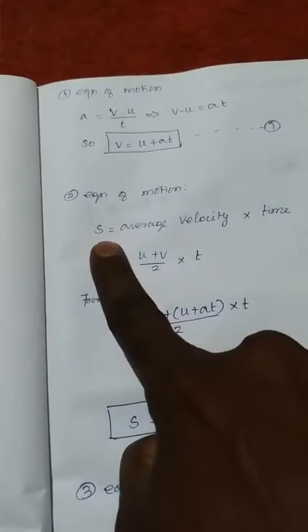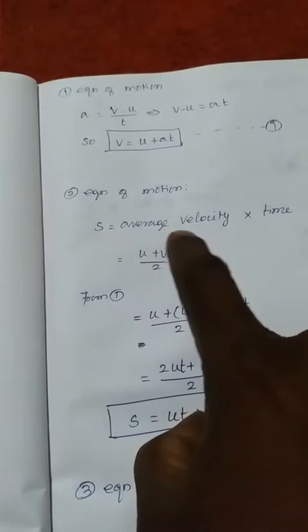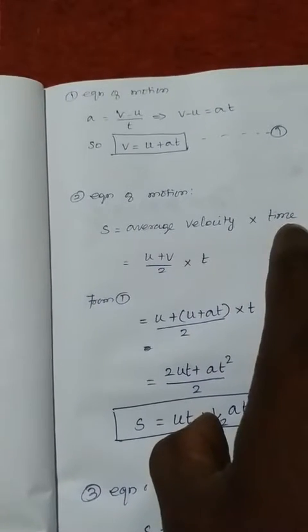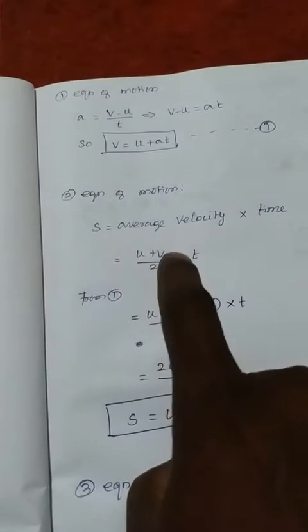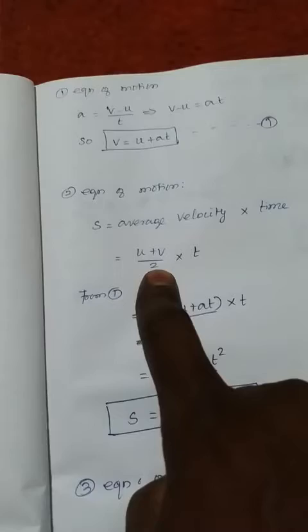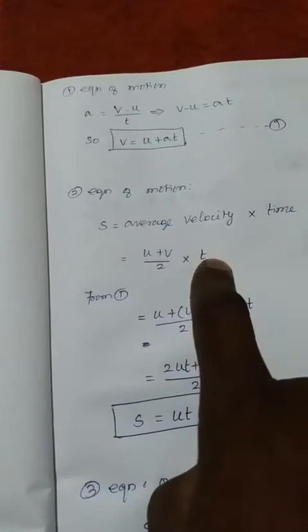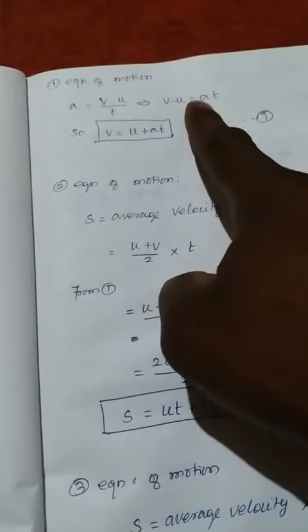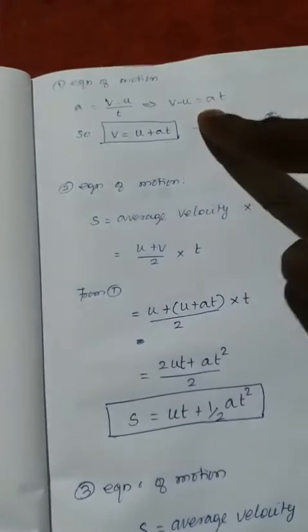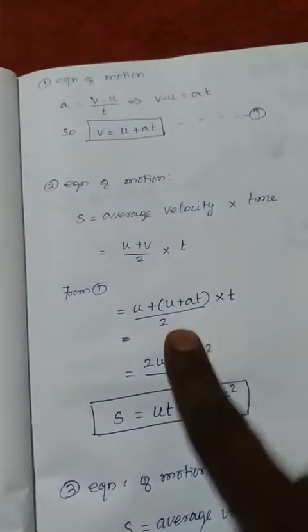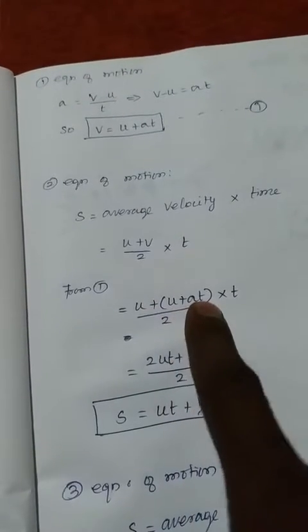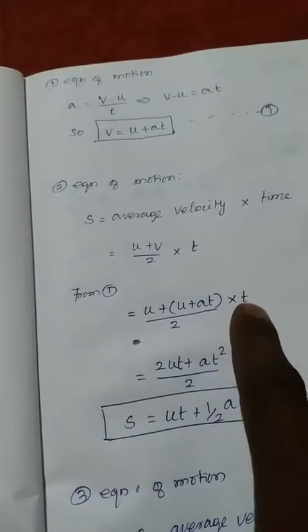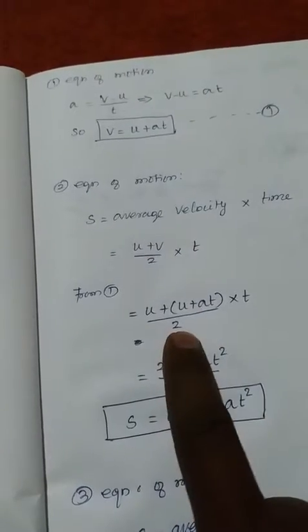I know that S is nothing but the average velocity into time. The average velocity we already derived: initial velocity plus final velocity divided by 2, into the time. From the first equation I am going to take the value of V. So instead of V I am going to substitute U plus AT, into T divided by 2.